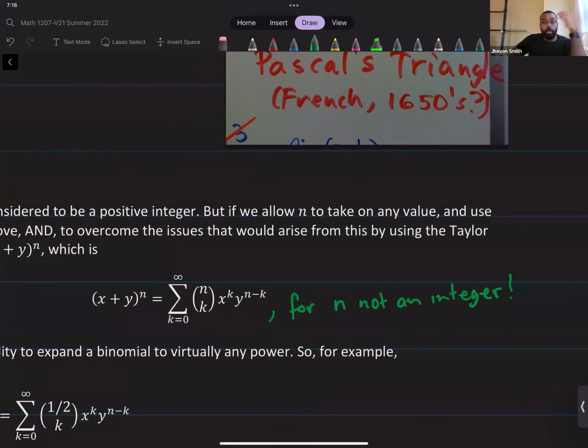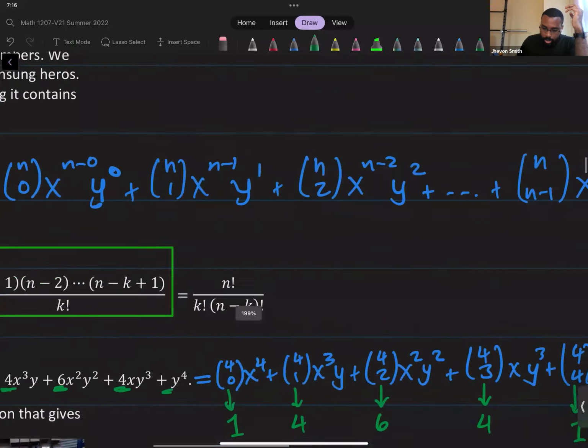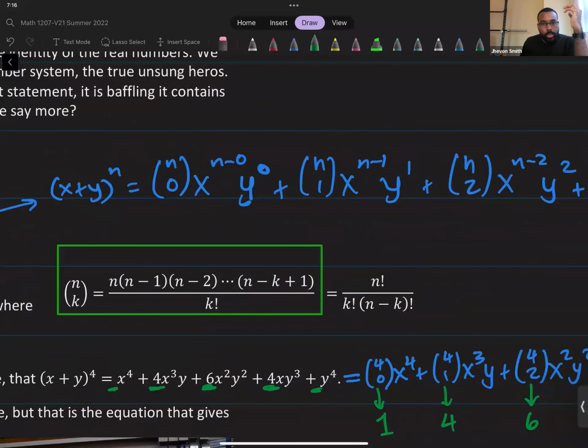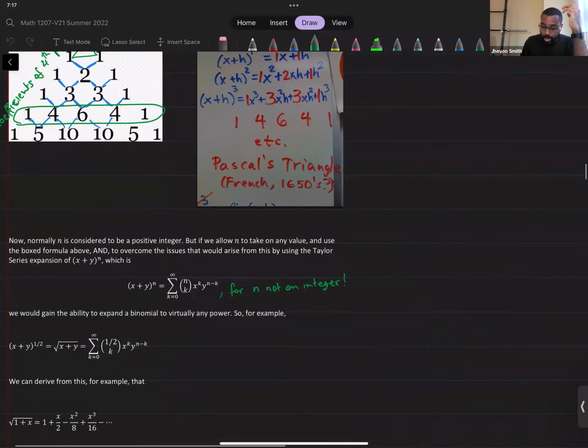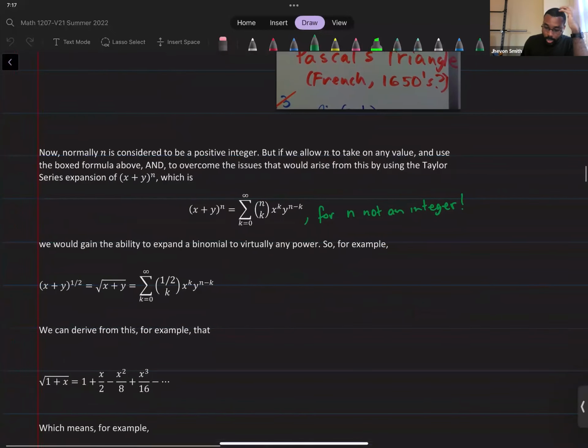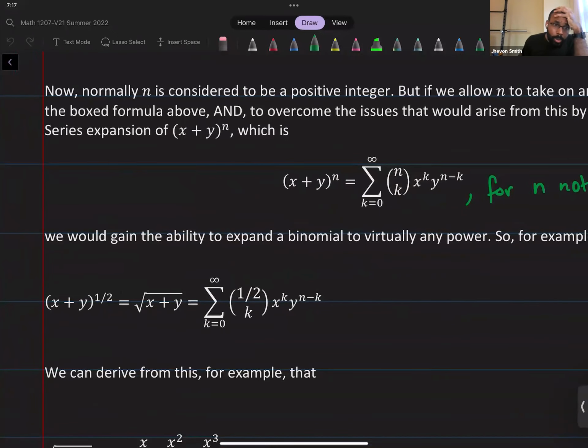For example, you can plug in n equals 1/2 into this formula. You want to follow the definition in the green box to find the coefficients, and it will work. So if I plug in (x + y) to the 1/2, which I know is the square root of x plus y, I can think about it as this series.